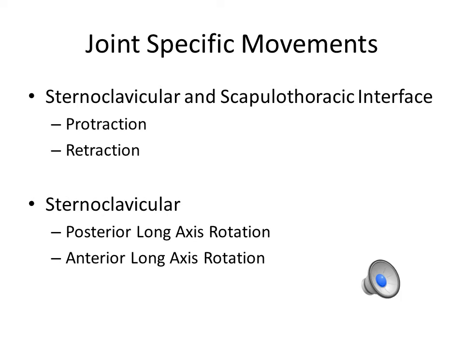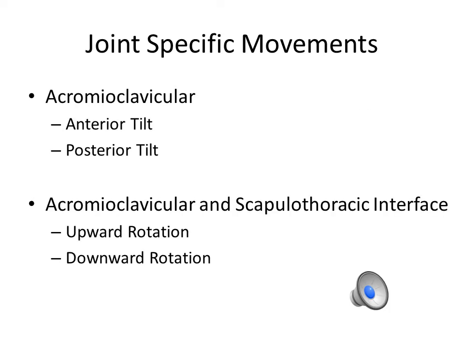Or if you picture the clip starting facing posteriorly, the anterior rotation would be where the clip rotates anteriorly. Posterior long axis rotation occurs primarily with overhead movements, whereas anterior long axis rotation occurs with the return of overhead movements.